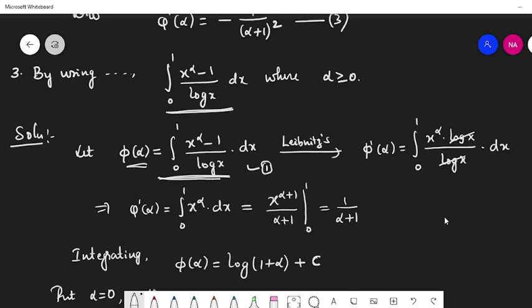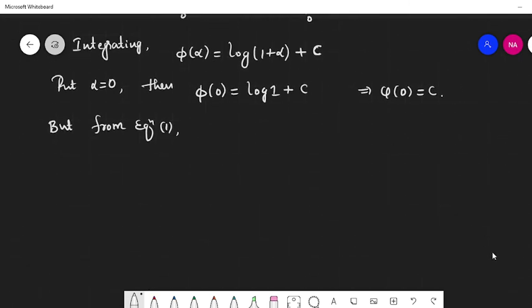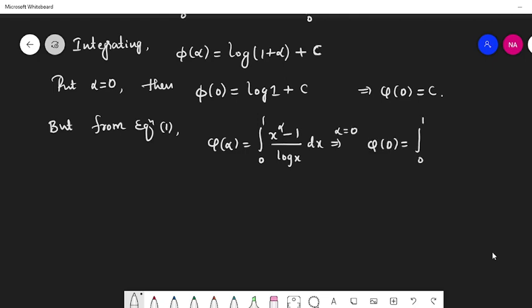Phi of alpha equal to integral 0 to 1 x power alpha minus 1 by log x dx. So if you take alpha equal to 0, then we will have phi of 0 equal to integral 0 to 1 x power 0 minus 1 divided by log x dx. That is 0, because the integrand will be 0. So we got phi of 0 equal to 0.